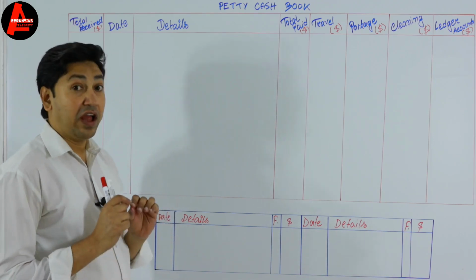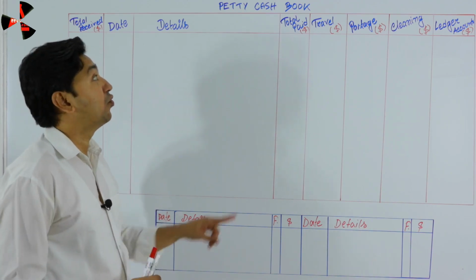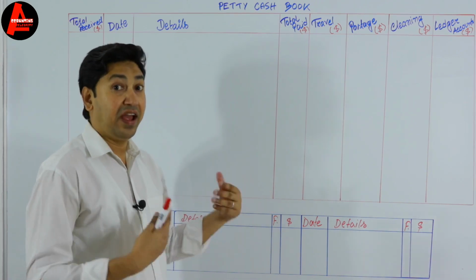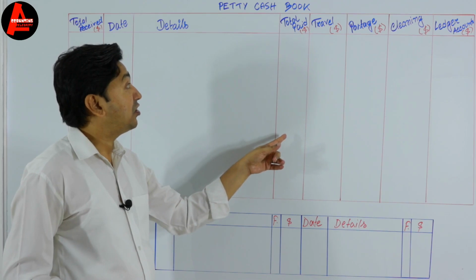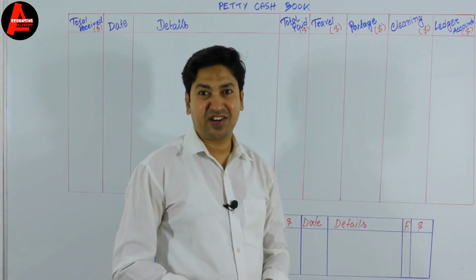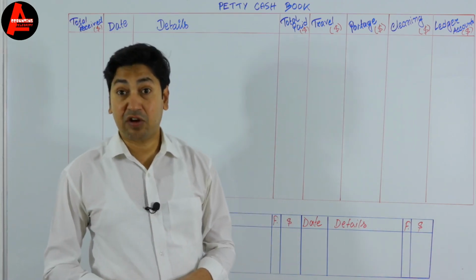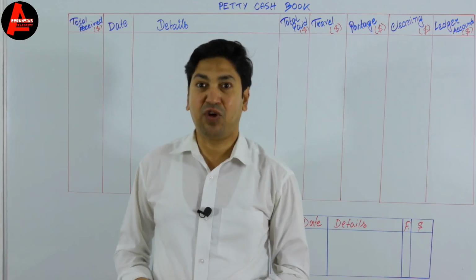The amount given with each transaction, we will record first in the total paid column. Then we will spread out the amounts in the total paid column among these analysis columns. I'll show you. First of all, we need to record all the transactions, so let us record them one by one.